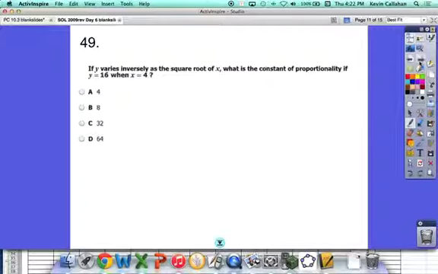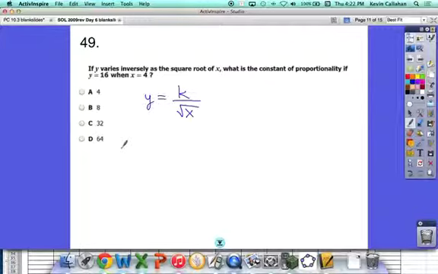We need to set up a variation that looks like y varies inversely as the square root of x. Y equals k, and since it's inverse, that means that it goes in the denominator, the square root of x. That's the variation.